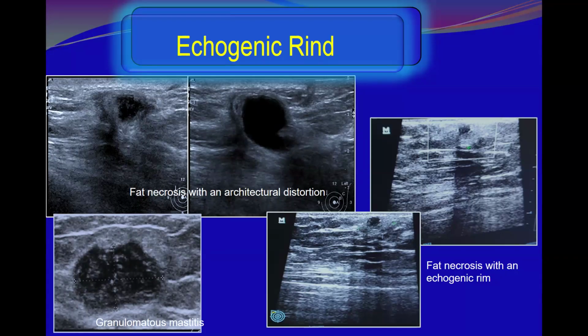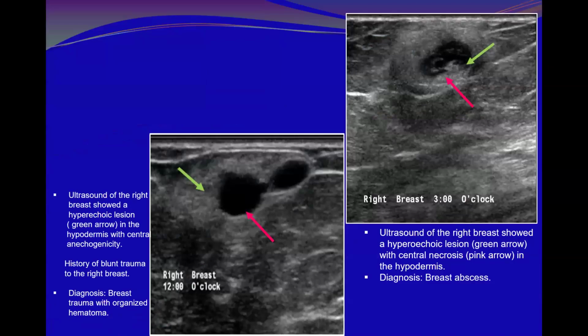So we can see that is why it is only 74%, not 100%, because a small percentage of benign lesions can be associated with echogenic rind. Okay.